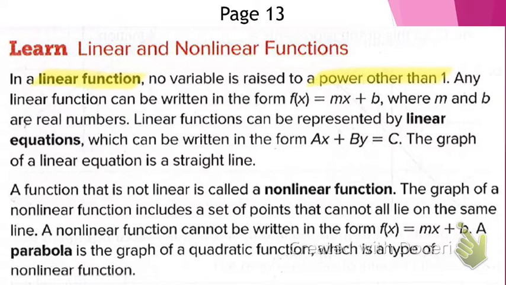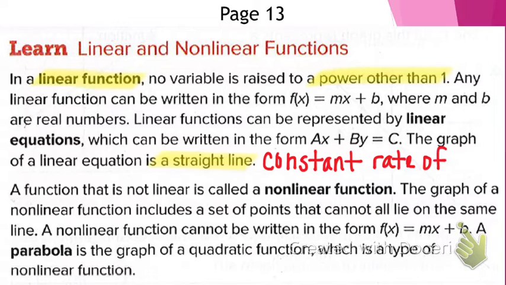That's really the main thing to keep in mind. So on page 13, linear function, the highest exponent is a 1. The other thing to keep in mind is that it is a straight line. And can you also write that it has a constant rate of change? So we're going to add that. And you can write that in the margin, or you can write it where I have it written.